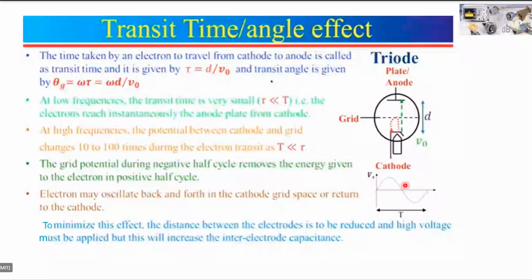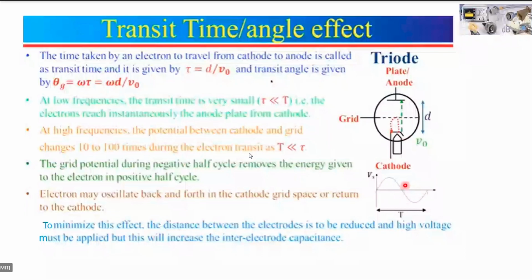But as the frequency increases, that means for higher frequencies, the time period of the input signal is very, very less than the electron transit time. That means the input changes approximately 10 to 100 times in one transit time of an electron. As soon as the electron gets potential energy in the positive half cycle of the input, it starts moving towards the anode.